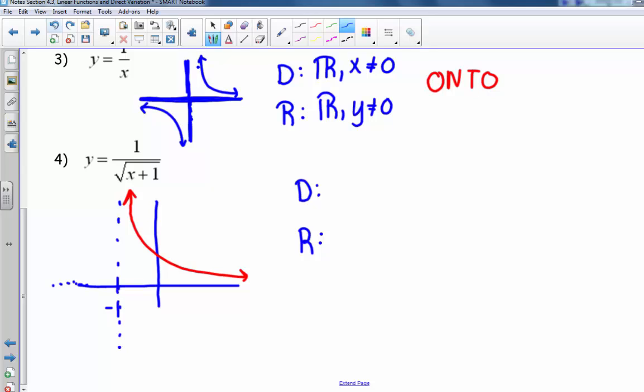Can you get anything here? No, the graph doesn't start until after -1. So the domain is x is greater than -1. The range, where do the y values start? They don't start until after 0. So y is greater than 0. Are the range and the domain the same? No. So it's not onto.